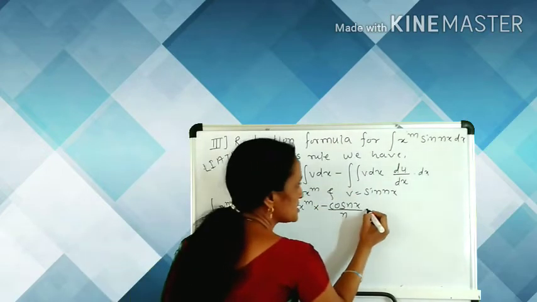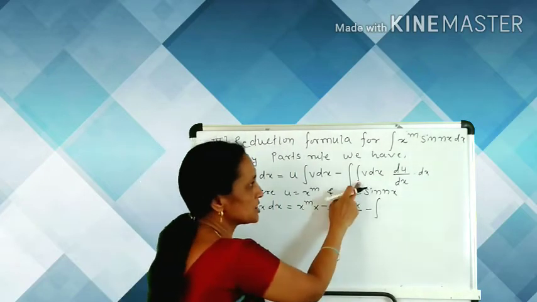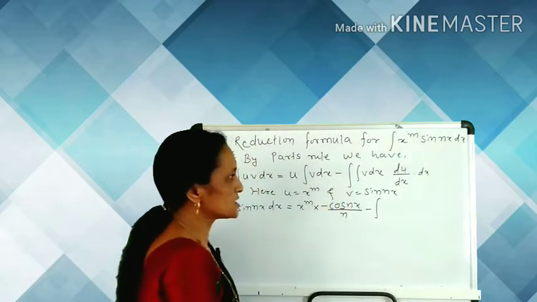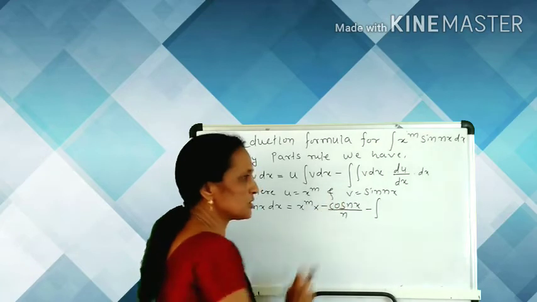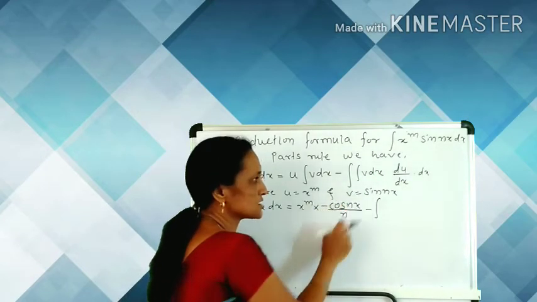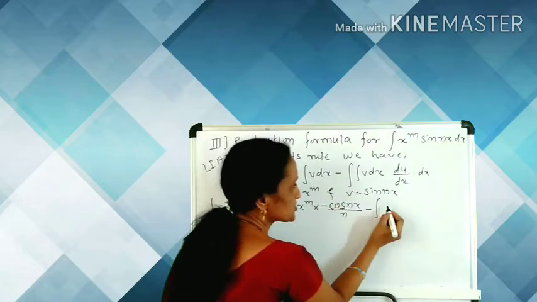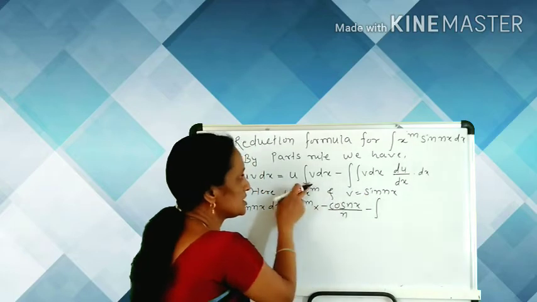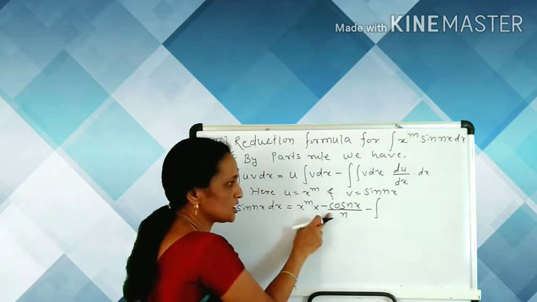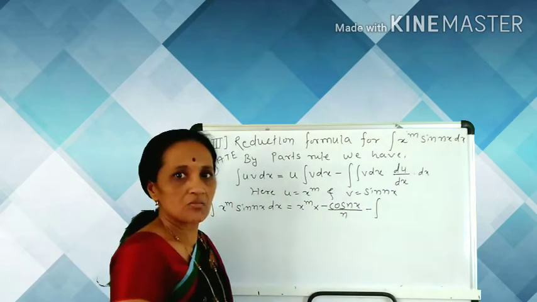Now minus this integration is the same, and we take first the integration of v dx, means integration of the second function, and in this formula the v is sin nx, and here we put the integration of sin nx, we find the integration of the second function here, and that value is minus cos nx divided by n.